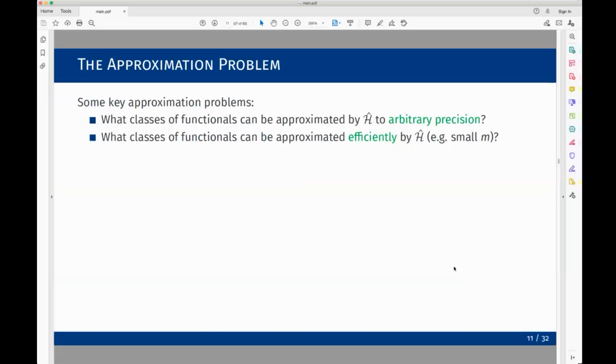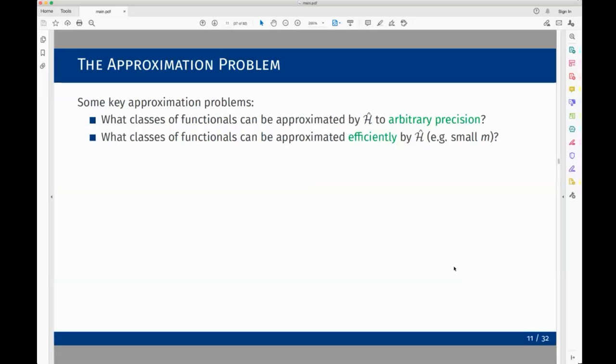The key problem we can ask on the approximation side is, first, what class of functionals can be well approximated by H hat to arbitrary precision?